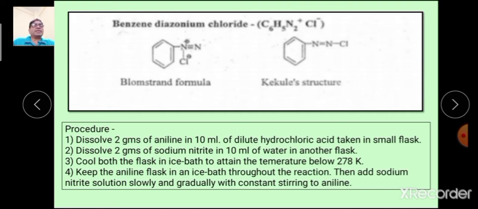Okay, there are 2 flasks taken. Then cool both flasks in ice bath to attain the temperature below 278 Kelvin, that is around 0 degree.